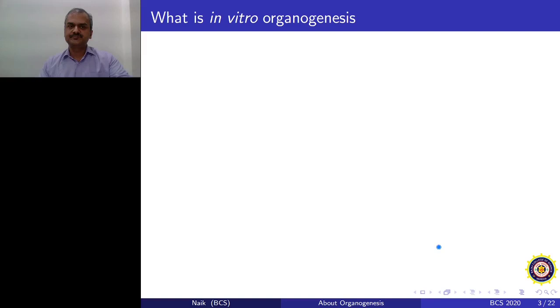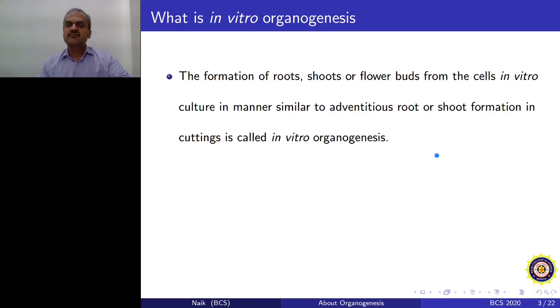So what is organogenesis? The formation of root, shoot or floral buds from the cells under in vitro cultures in a manner similar to adventitious root or shoot formation in cuttings, in vegetatively propagated cuttings. It is also called in vitro organogenesis.